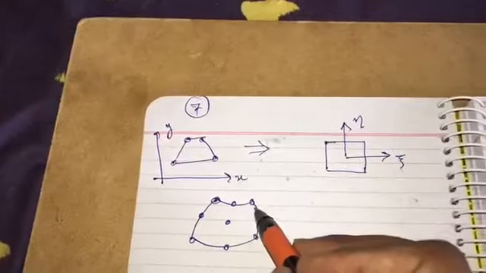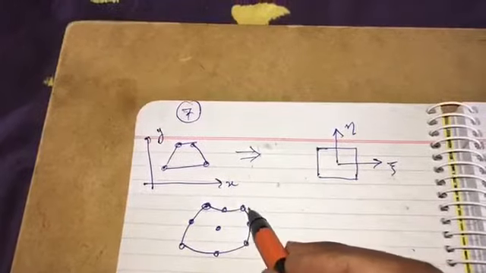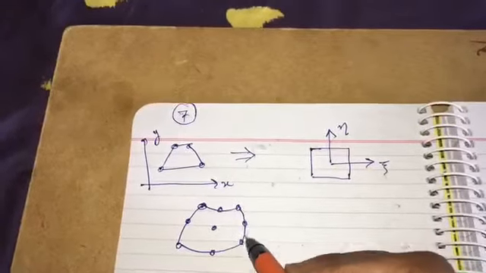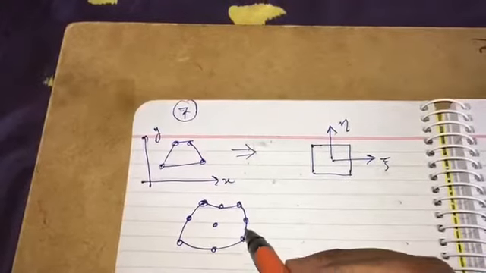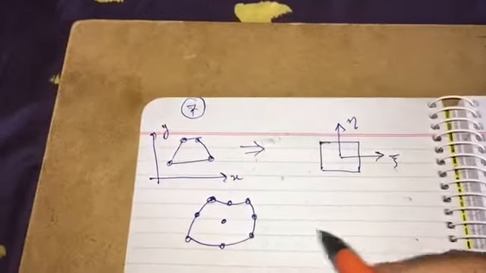The sides are not a straight line. So as you can see here, it can be quadratic sides. It's not a line but parabolic lines, parabolic sides.